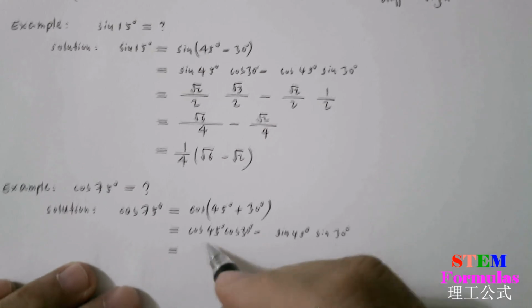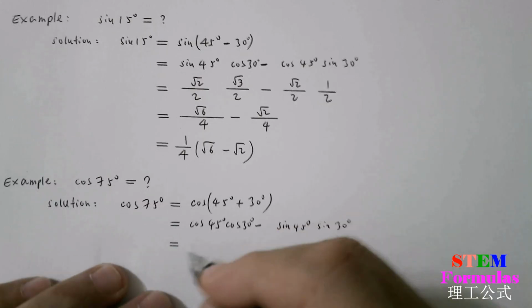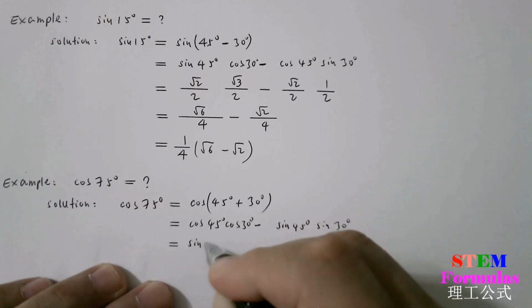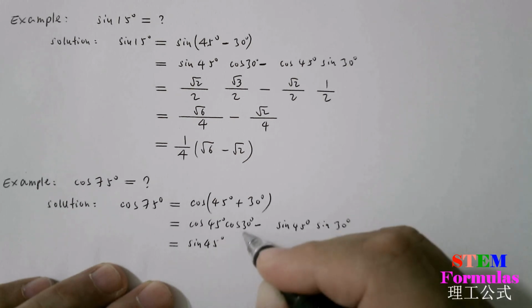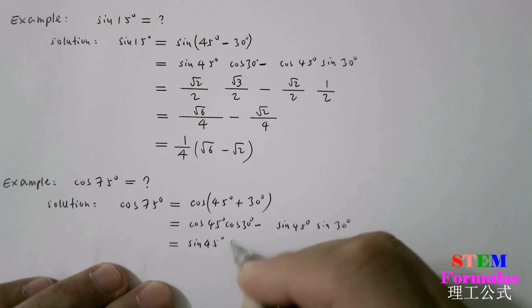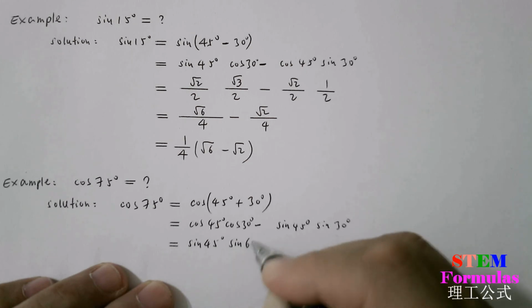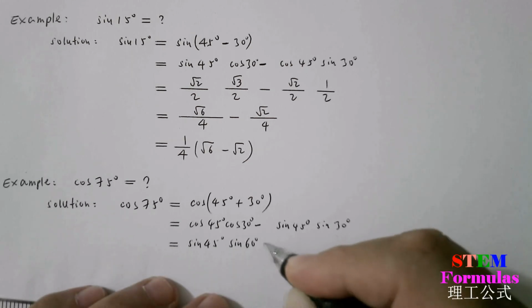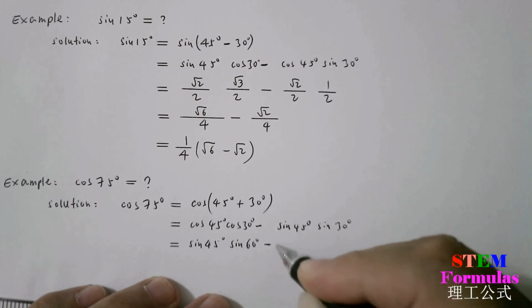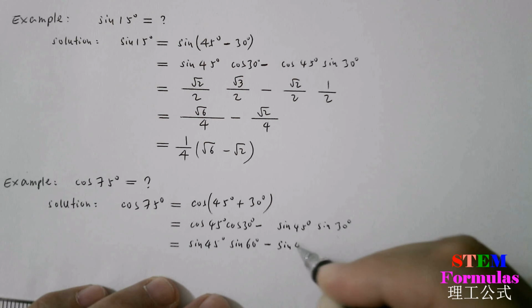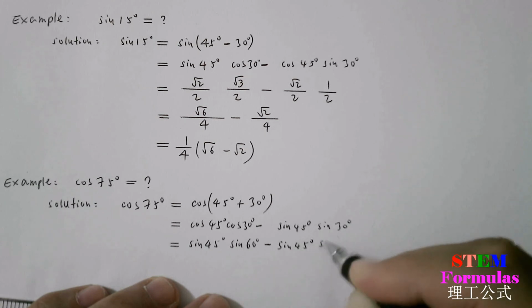So cosine 45 equals sine 45, cosine 30 degrees, minus sine 45, sine 30 degrees. Here we have the same thing, I just copy it down here.